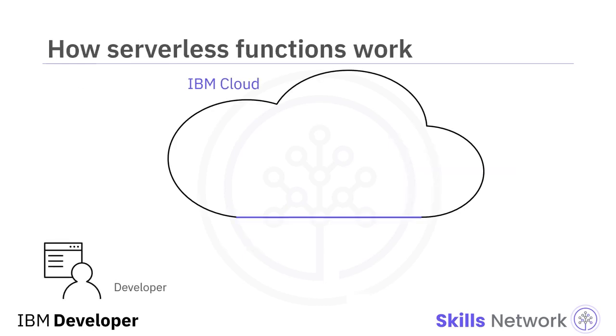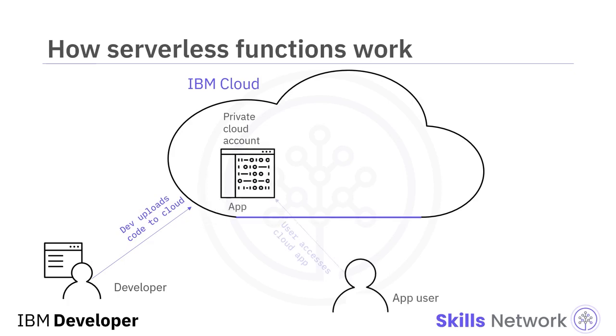So, how do functions work in a serverless world? Consider, for example, the steps required to create a Docker or Kubernetes container. The developer creates a function by writing code in a language supported by the cloud provider, such as Python, Java, Node.js, C#, or Go. Next, the developer uploads the function to the cloud.